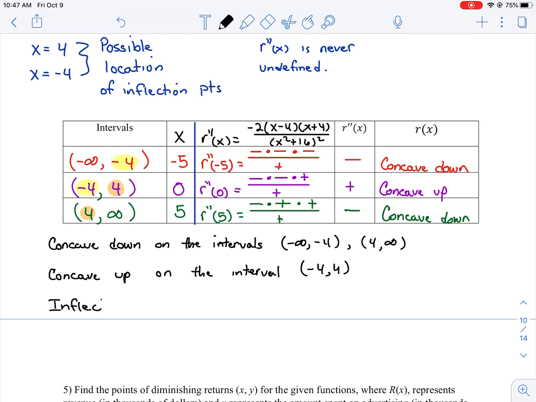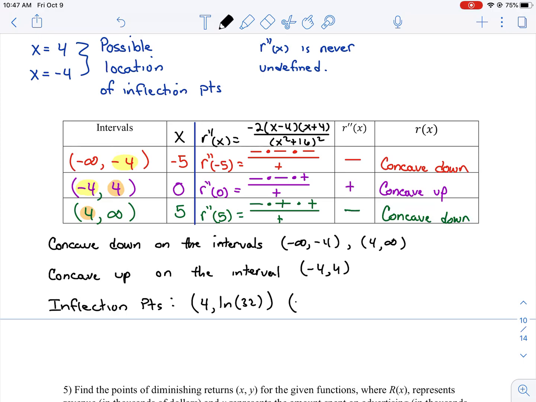Now to get the inflection points. To do that, we're just going to substitute -4 into the function and +4 into the function separately. So the first inflection point is going to be at 4, natural log of 32.